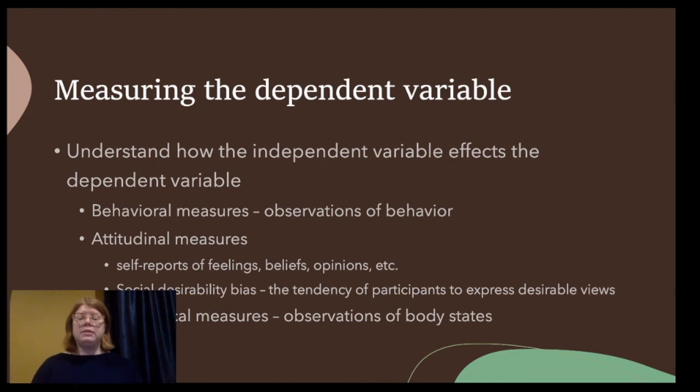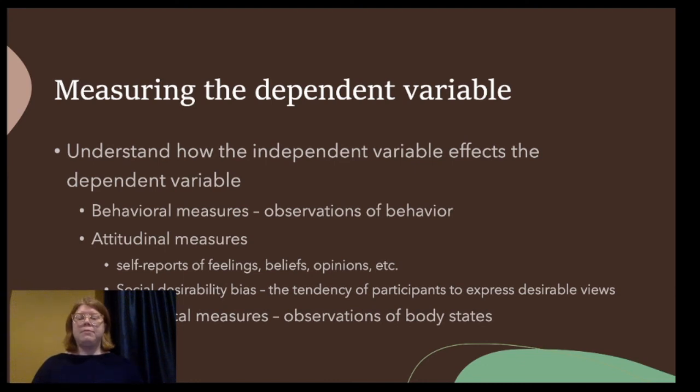We may even sense in a particular political climate that there's a right answer on political belief questions or political opinion questions. And we may be more likely to give answers that we think will make us look more favorable to researchers. So with attitudinal measures, it's especially easy to give these kinds of desirable responses.